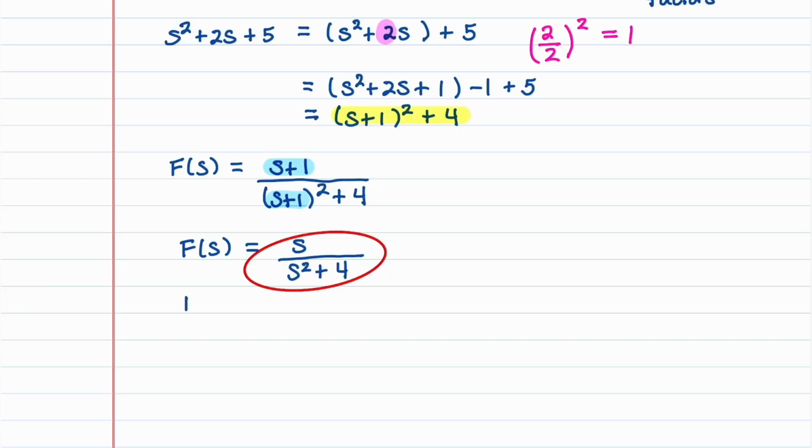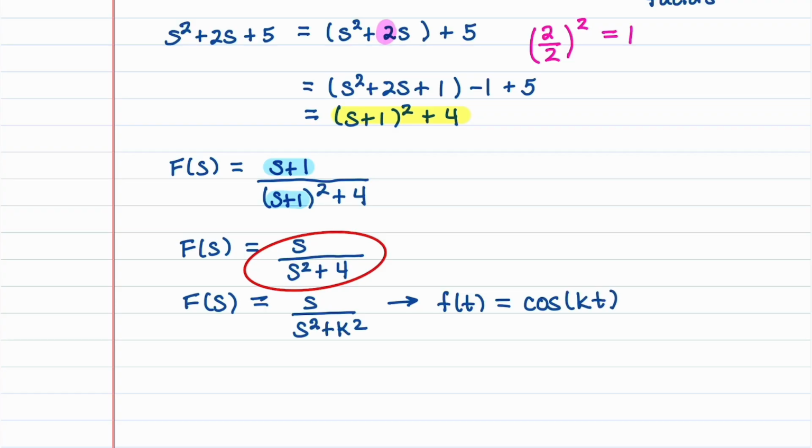Let's write down that from the table we have capital F of s is s all divided by s squared plus k squared. And the inverse Laplace transform is little f of t is equal to cosine of kt.